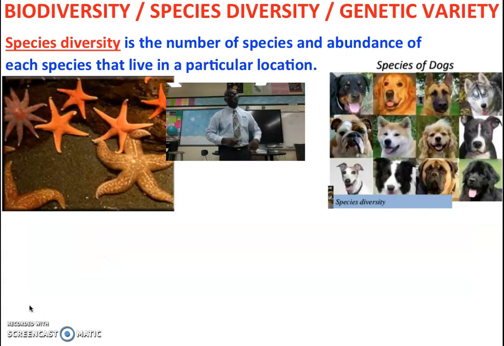When we talk about biodiversity, it simply means the number of species and the abundance of each species that live in a particular location. Diversity simply means variety, different forms of the same organism.